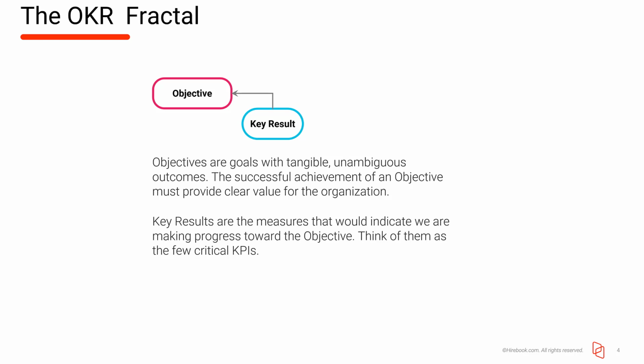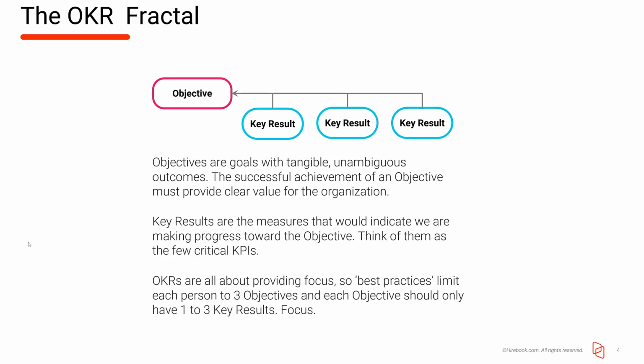Now, OKRs are all about focus. So the idea is there's going to be a limited number of objectives at each level and a limited number of key results for each objective. But what's super cool about OKRs is that's it. That's all you need to know. You have the complete knowledge at your disposal because this is a repeating element. It's a fractal.